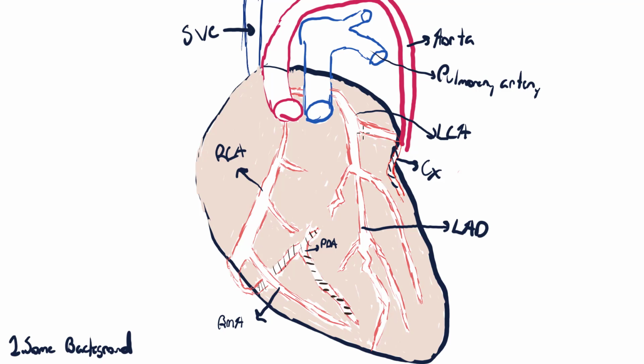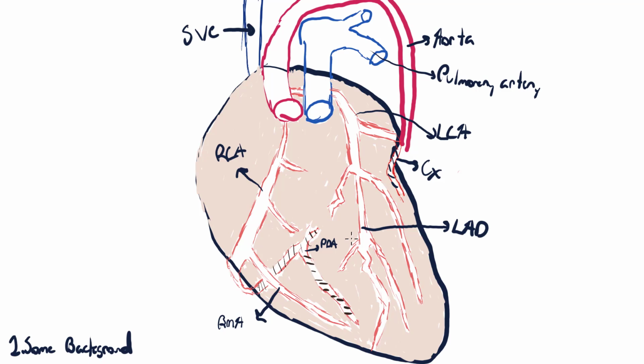So then the LCA goes down and has another situation where there's a portion of it that breaks off around the side, as you can see by these black lines. It's supposed to be on the other side of the heart. But that is the CX, or the circumflex artery. And then this big one right here is the left anterior descending artery, or the LAD.